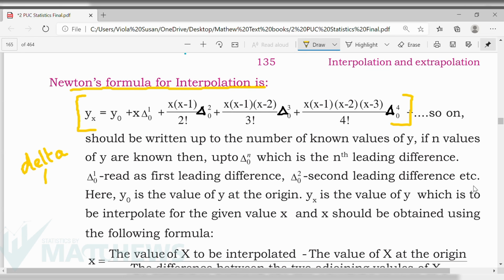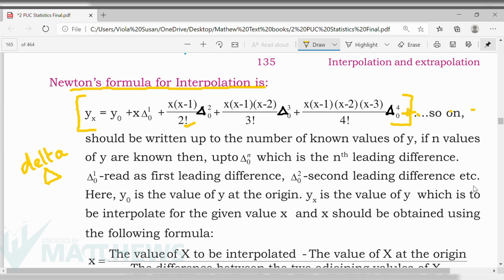This symbol indicates delta, students. Then plus x(x-1)/2! into Δ^2 y_0, next plus x(x-1)(x-2)/3! into Δ^3 y_0, plus x(x-1)(x-2)(x-3)/4! into Δ^4 y_0. And it goes on like this, students, and so on.